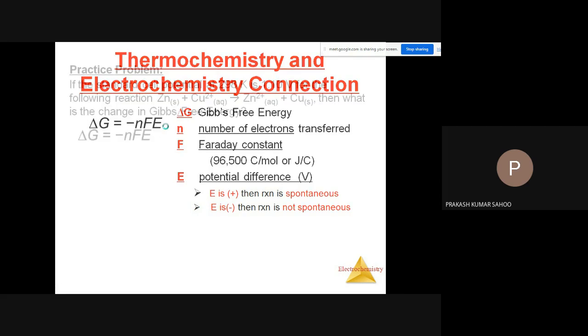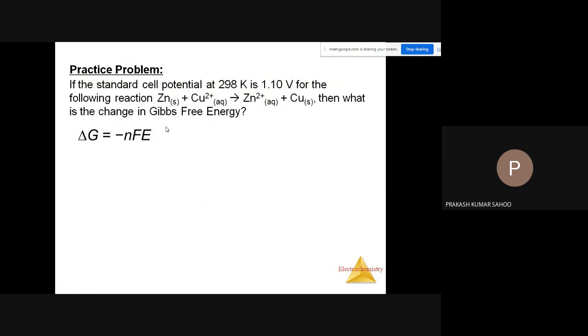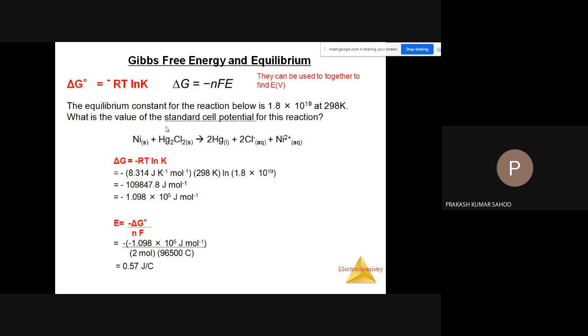These are the relations between free energy and equilibrium constant, and free energy and electrode potential. Del G equals minus RT ln K, and del G equals minus NFE. These are the two equations you should remember for solving different problems.